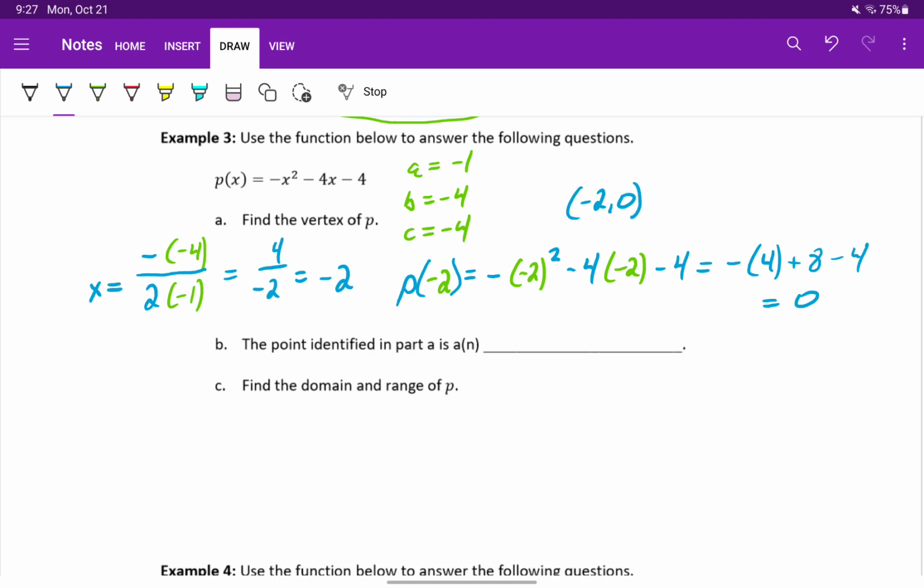And then in part B, we're asked to identify if that point is a maximum, a minimum, and what type. We know this is a parabola, so when we find the vertex, that point is either a maximum or minimum, and to determine which, we just look at our value for a.